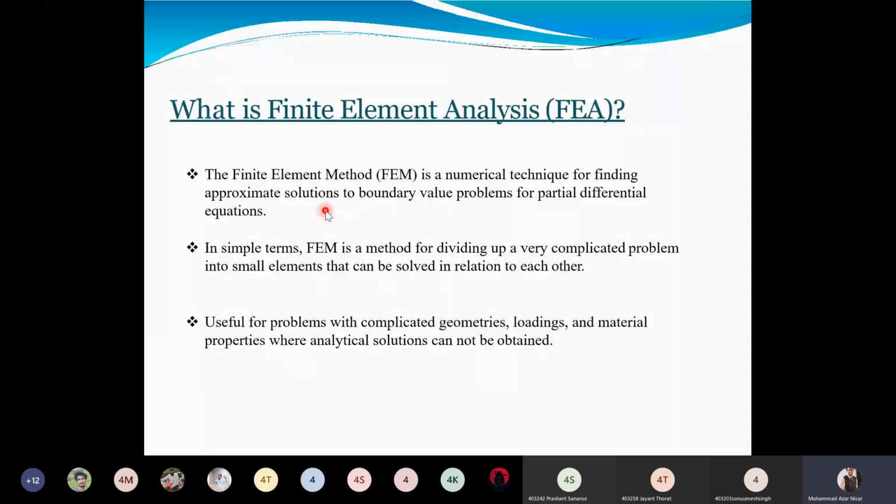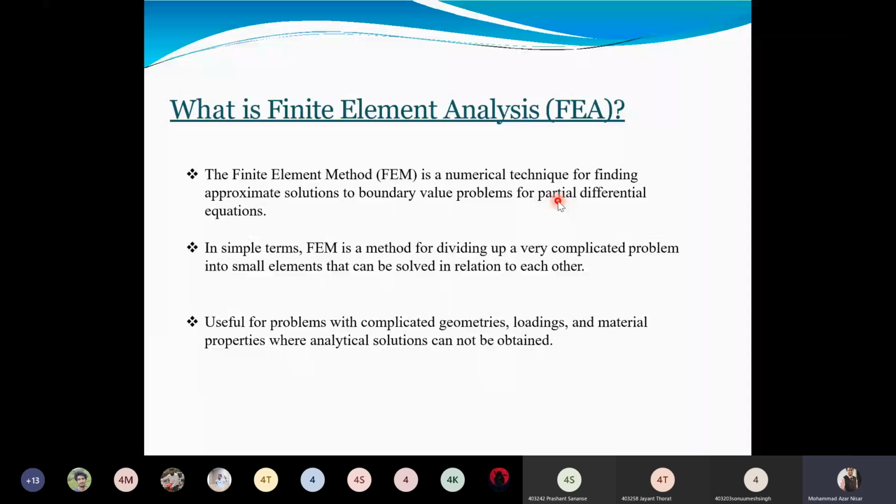In the FEM method, the CAD model or the part which is to be analyzed is tested by using this FEM analysis.